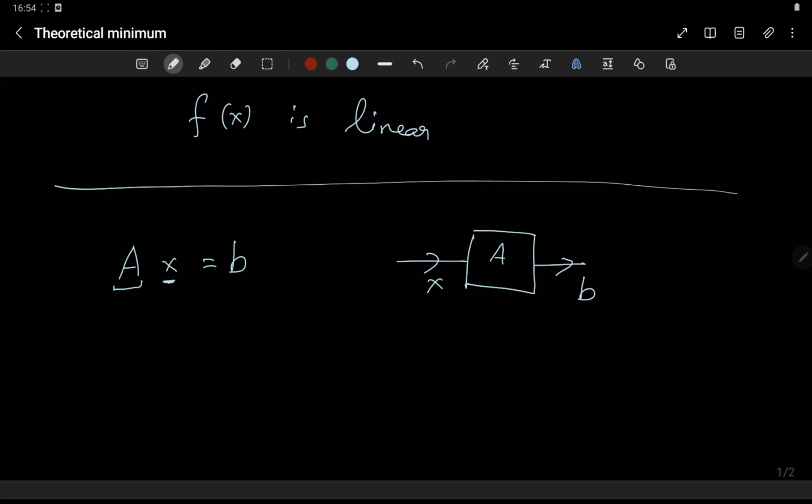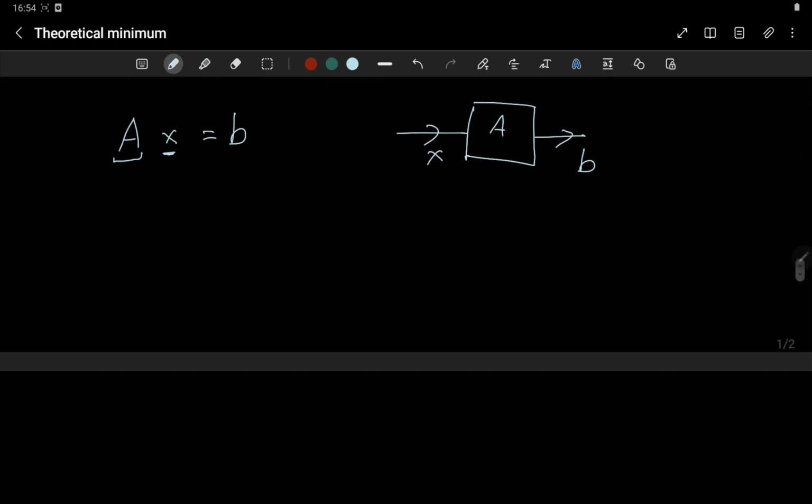Now whether this operation satisfies those two properties. So what is the first property? Superposition. Say I'm giving x1 and let me call the result b1, and A x2 I'm going to get b2.